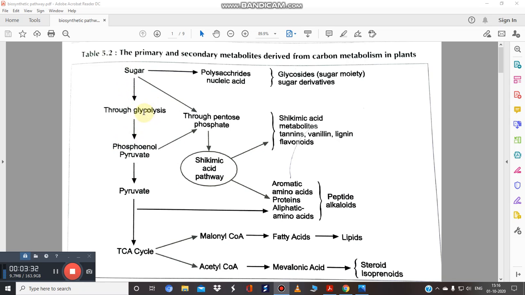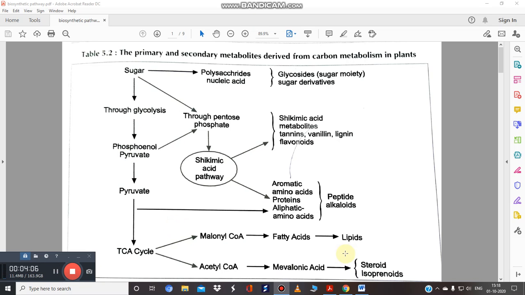From glycolysis we have seen that phosphoenol pyruvate and pyruvate are finally produced, and this is involved in the TCA cycle, which results in malonyl coenzyme and acetyl coenzyme, and from this malonyl coenzyme fatty acids are produced. Ultimately lipids have been biosynthesized, and from this acetyl coenzyme mevalonic acid is produced, which then results in the formation of steroid as well as isoprenoid derivatives in the plants.